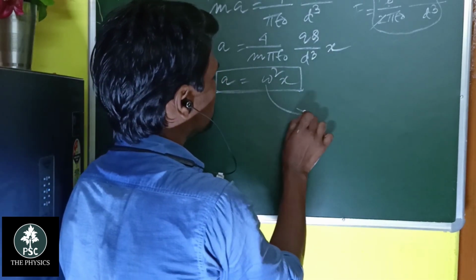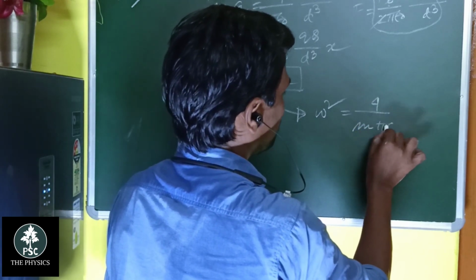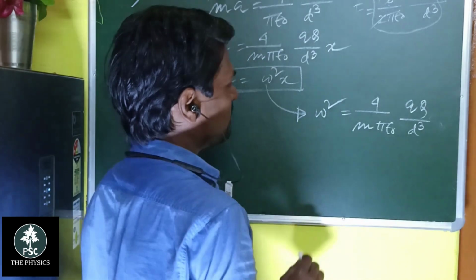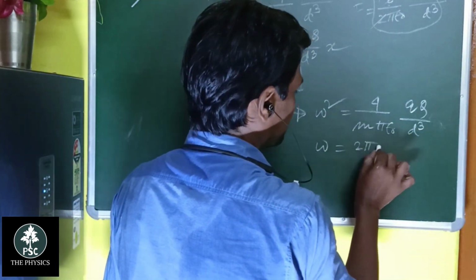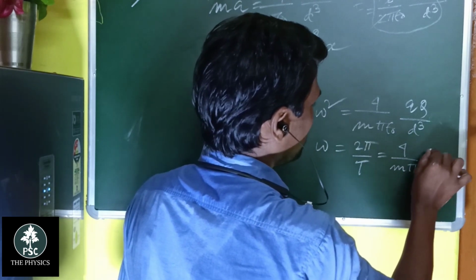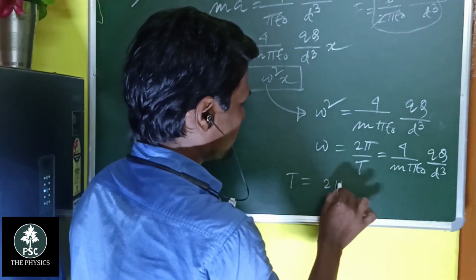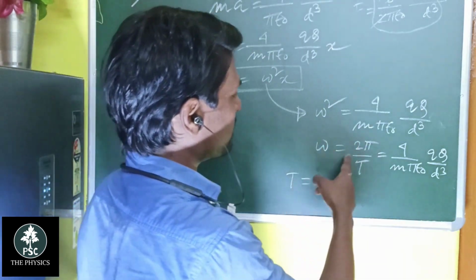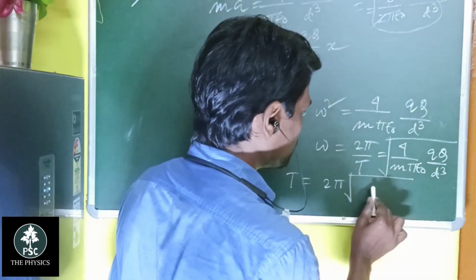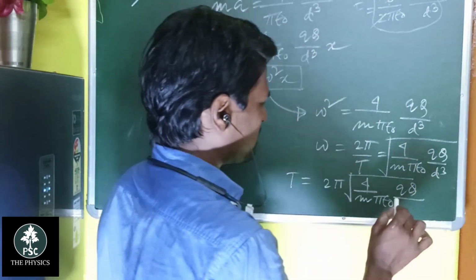Here the oscillation takes place, so omega square is equal to 1 by m 4 pi epsilon naught, q Q by d cube. Omega is equal to 2 pi by capital T, so omega is the root of this expression.